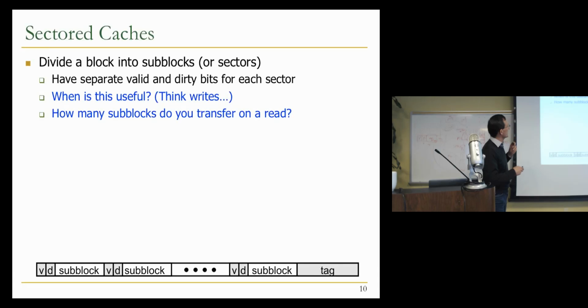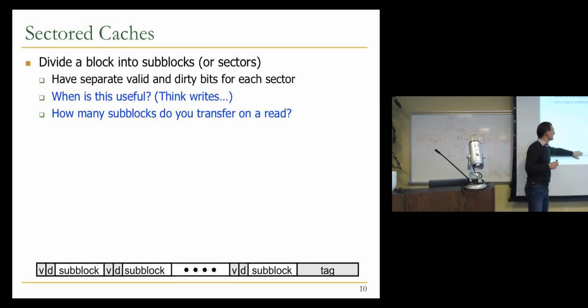I guess the other benefit is, if you're reading a cache block, you may not want to transfer the entire block. If you think that the spatial locality is not going to be high, you may want to transfer maybe only 2 subblocks. Or maybe if the bandwidth is constrained at the lower level because somebody else needs to access it, maybe you transfer only 2 subblocks. Well, in this case, that's okay, because you have valid and dirty bits.